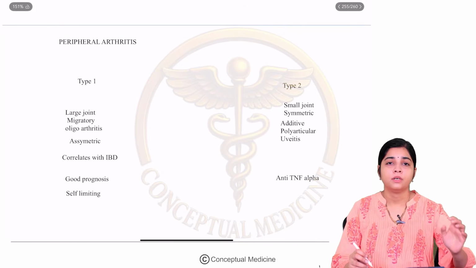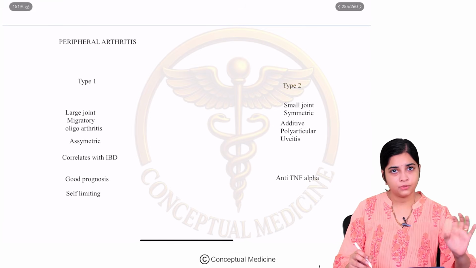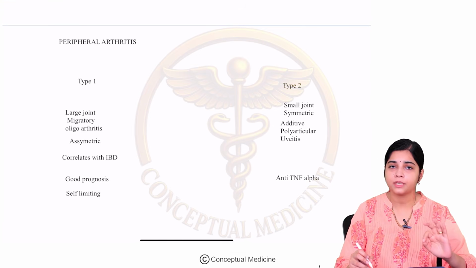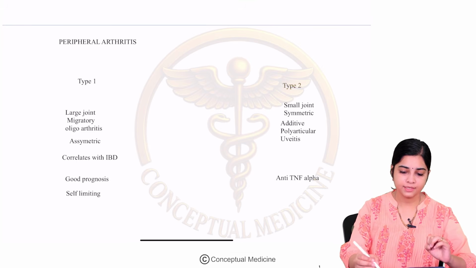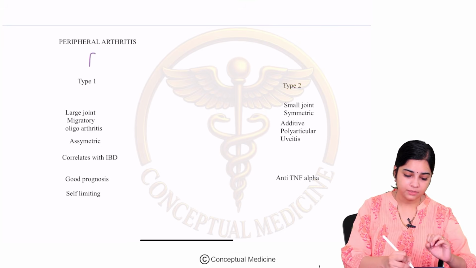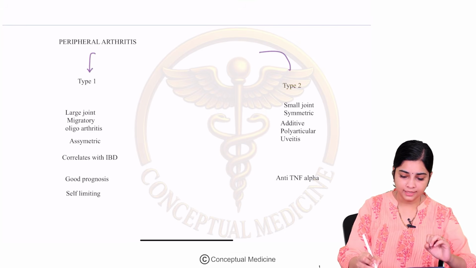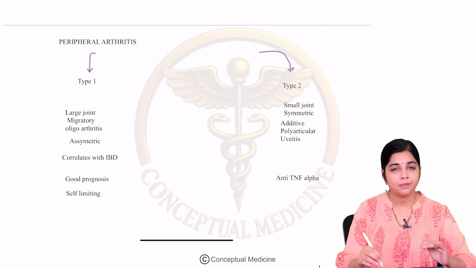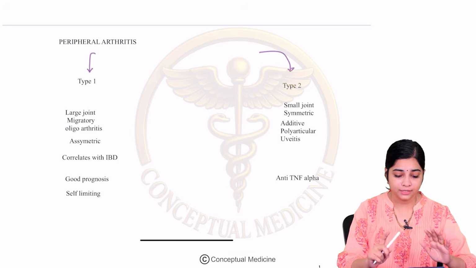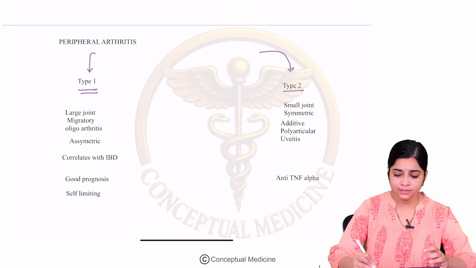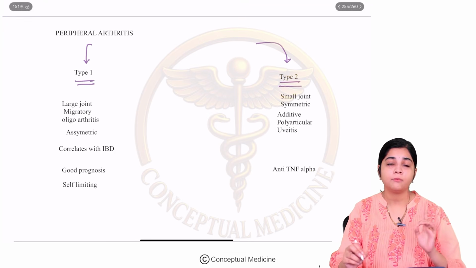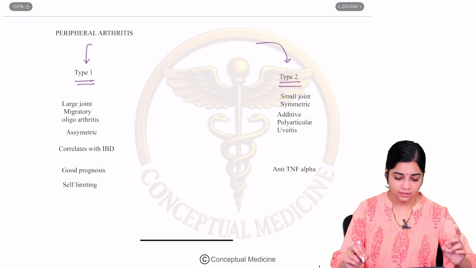Okay, so the peripheral arthritis in SpA, you can have axial involvement, but you can have predominantly peripheral involvement also in IBD-associated arthritis. So the IBD-associated arthritis of the peripheral type can be classified into type 1 and type 2. What are the differences between your type 1 and type 2 IBD-associated arthritis?